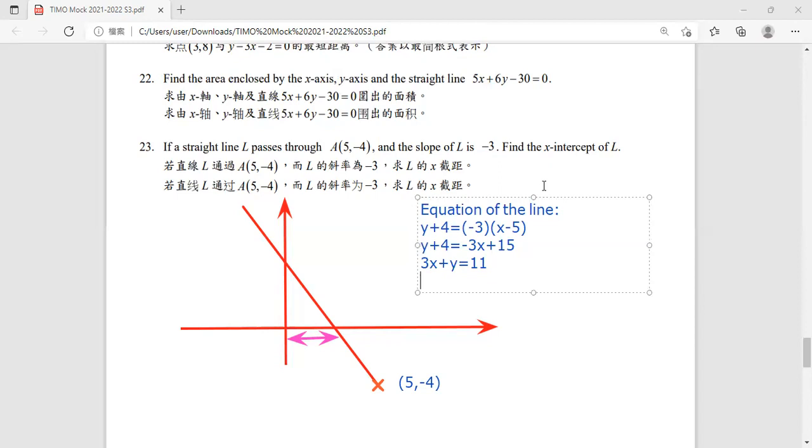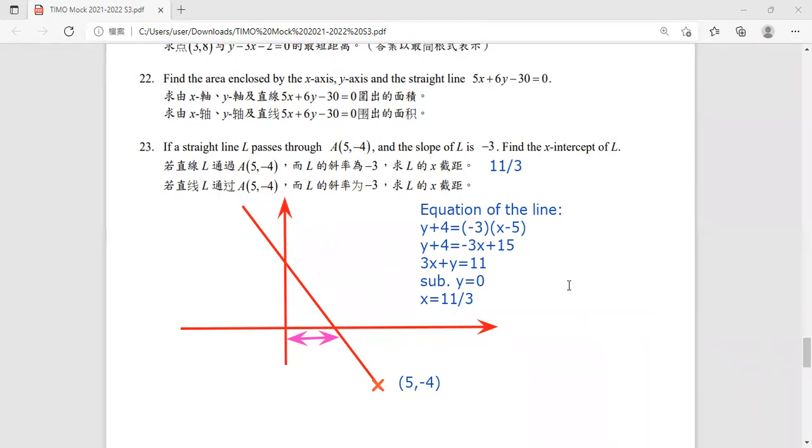Now, because I have to find the x-intercept, substitute y equal to 0, then x equal to 11 over 3. So the x-intercept, finish.